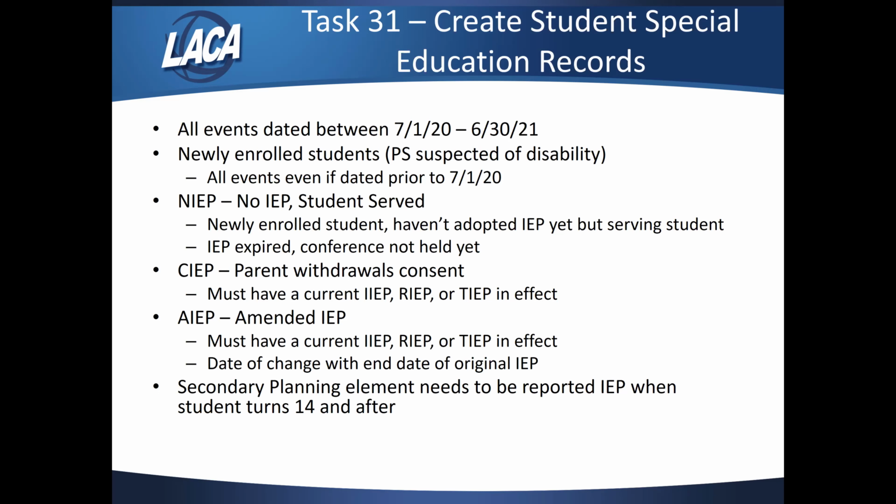Last year, we had a lot of students whose events didn't get reported. And last year was a very interesting year. But a lot of their spring events didn't get reported. They may have been done, but they never got to who needed to get them in for reporting. And so you had to do NIEP.